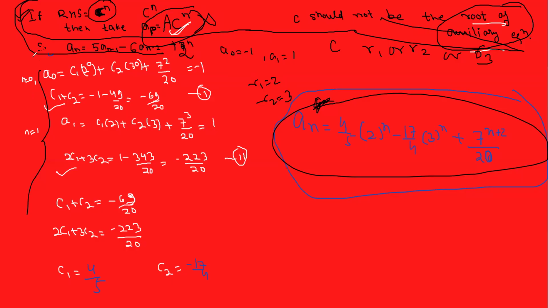Can I delete all? Case number 1. I am solving the previous question by considering the new concept. If the right hand side is equal to c raised to n, but c should not be equal to r1, r2 or r3, anything, okay?